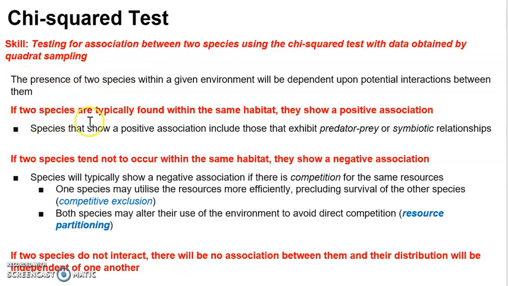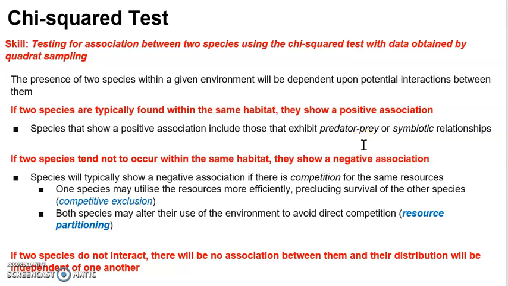So if two species are typically found in the same habitat, they show what's called a positive association, and that association could be a dependent association or a non-dependent association. So for example, if you've got predator-prey or a symbiotic relationship of some description, maybe a pollinating insect with the presence of a flower, then what we've got is a positive association between those two species which are living within that habitat in the same place at the same time.